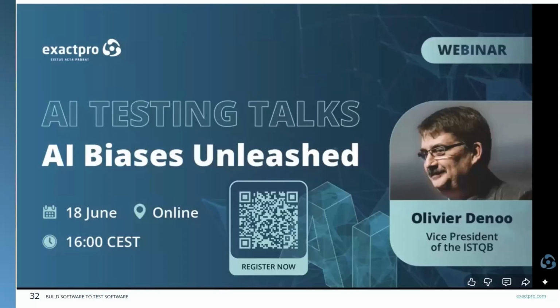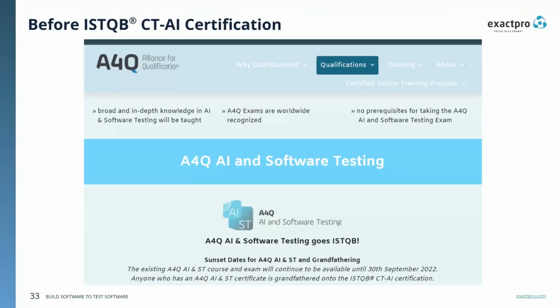We had a very good discussion, a separate, well, maybe not 2 hours, an hour and a half chat with Olivier Denou on AI biases unleashed. So I highly recommend it, where we looked at several aspects related to biases in data. But one thing that I would like to specifically highlight is that our book is on the ISTQB AI testing syllabus.